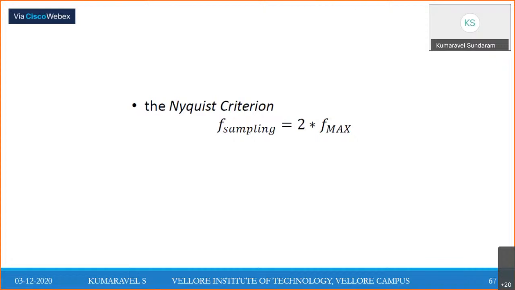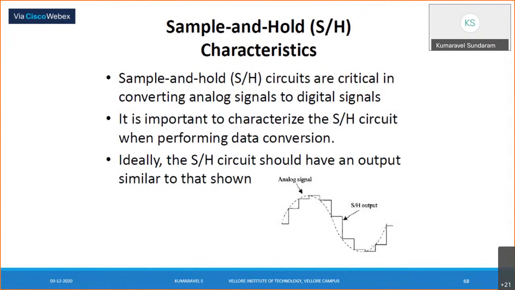Nyquist rate A to D converters means we need to sample the input signal at 2 times of f_in, the input signal frequency. The sample and hold characteristics, how the sample and hold circuit characteristics will look.